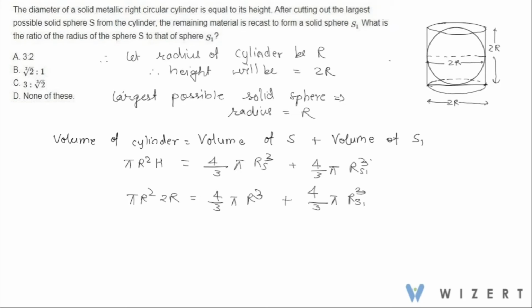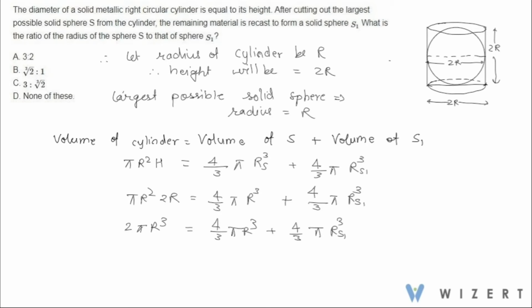Volume of a sphere is that of cube of radius, so this is going to be cube in all of these three. Okay, so now we have 2 pi r cube equal to 4 by 3 pi r cube plus 4 by 3 pi rS1 cube.